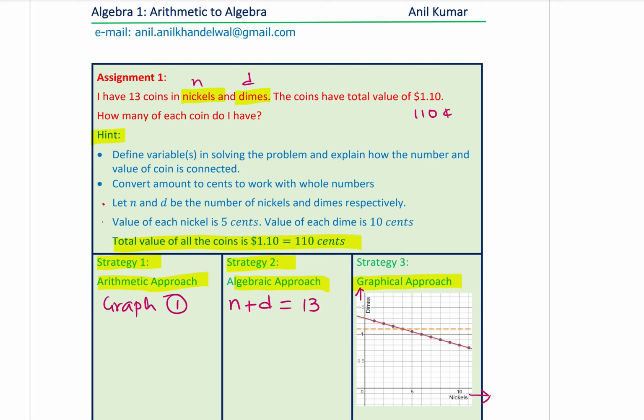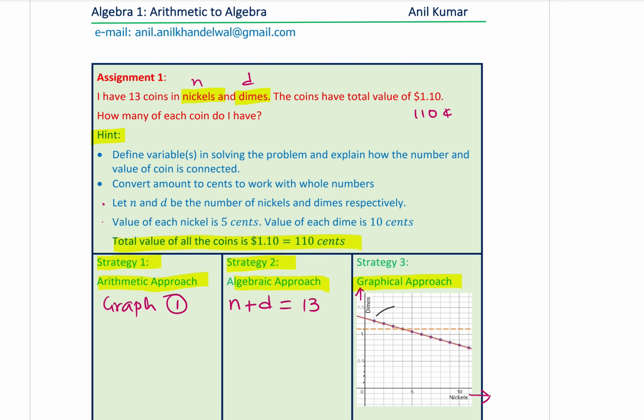Number of nickels is given here as 0 to 10, and the number of dimes is on this scale, where this value here is 1, 2, 3, 4, 5, then 10, 11, so that becomes 12.